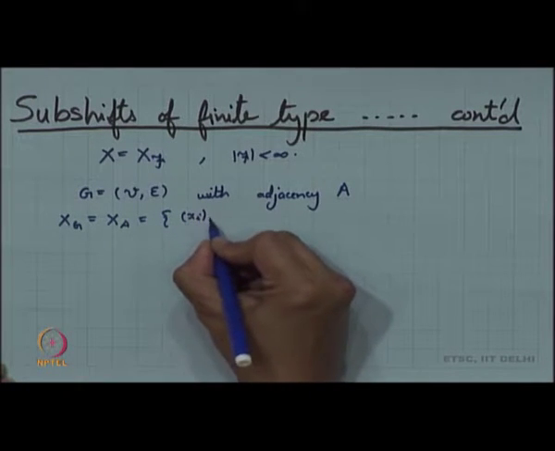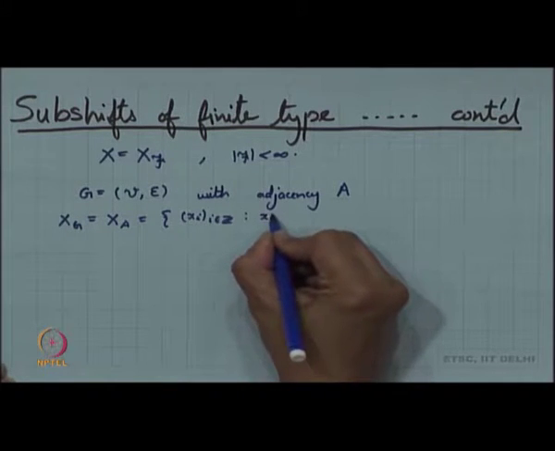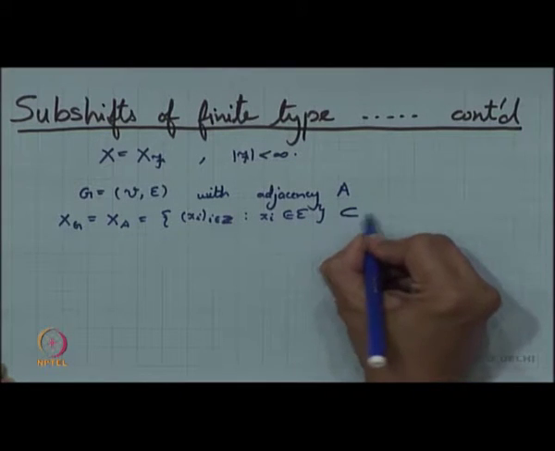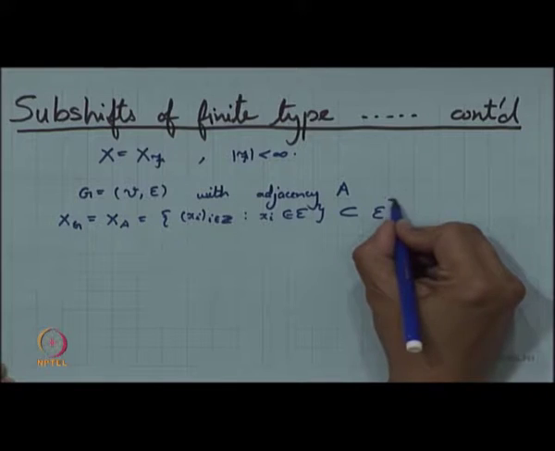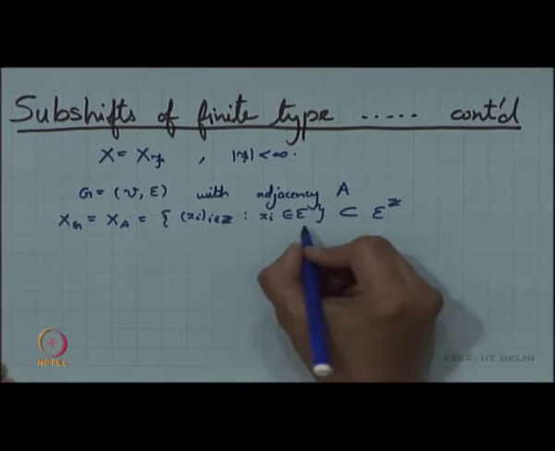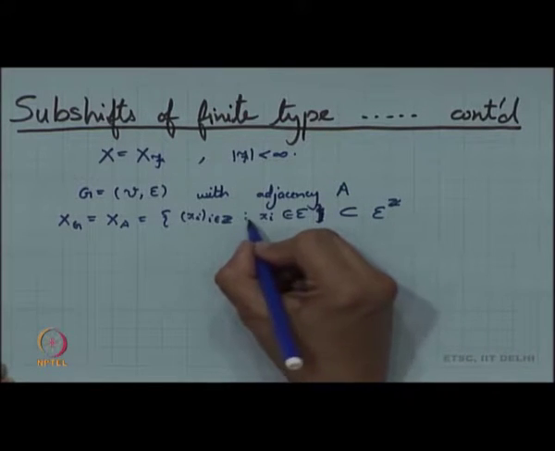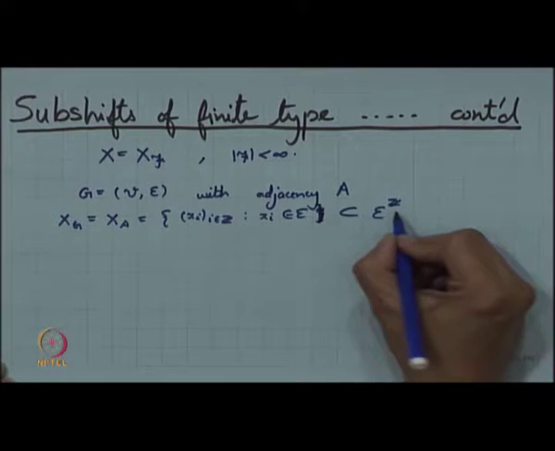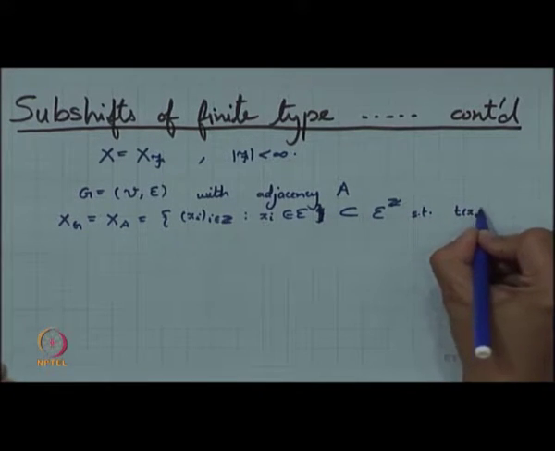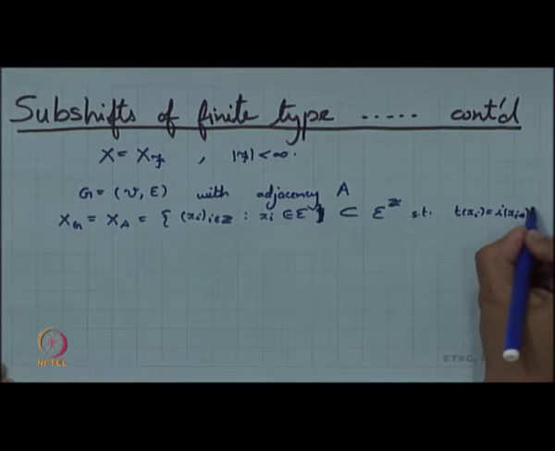ξ, basically a subset of the set of edges to the power Z, such that the terminal part of ξ_i is equal to the initial part of ξ_{i+1}.